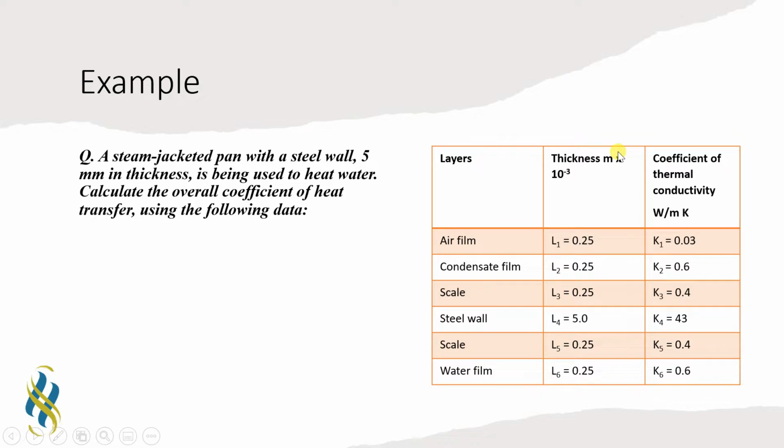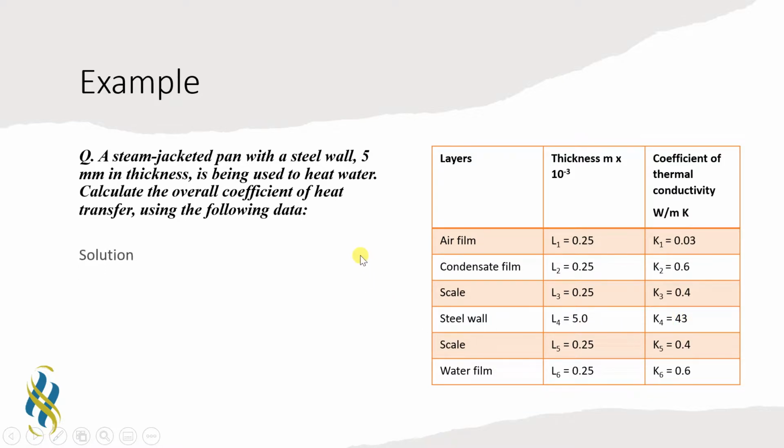The thickness of each layer is given as L1 to L6, and the thermal conductivities of each film are given, the highest being the steel wall, which is 43.